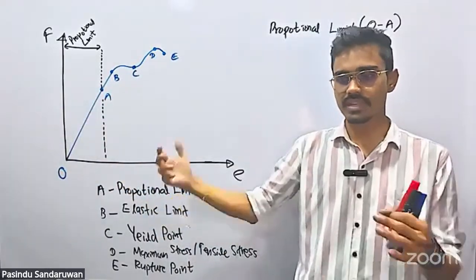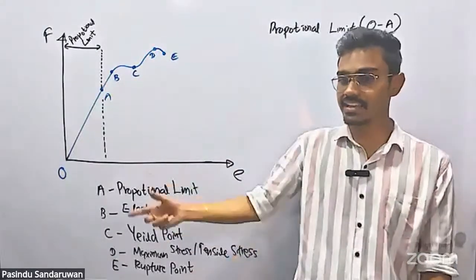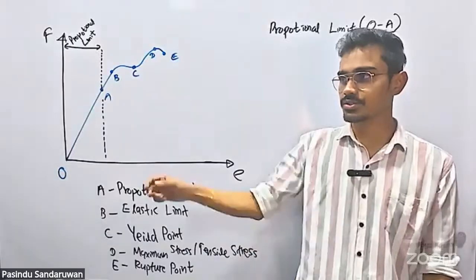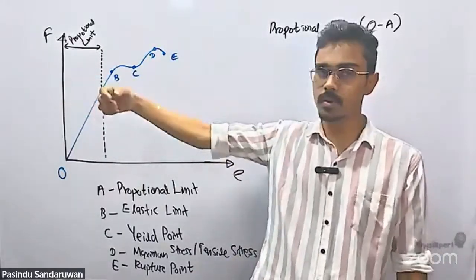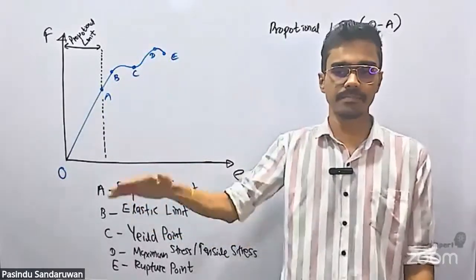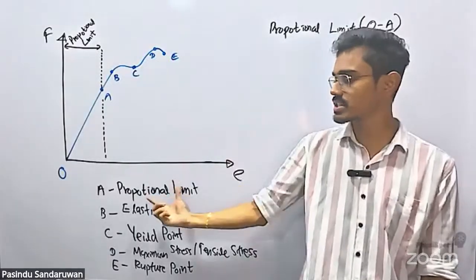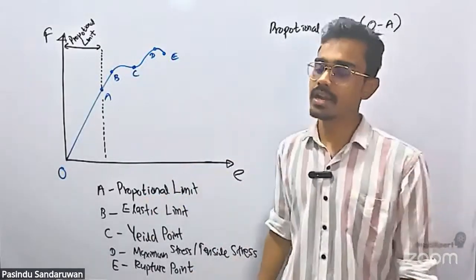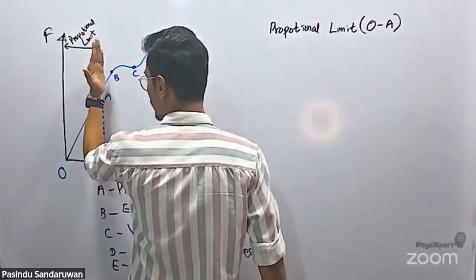So that is what I wanted to link. That proportional limit in Hooke's law and the proportional limit here are same. Got the point? Hooke's law is valid only up to this point. Now we are going beyond.